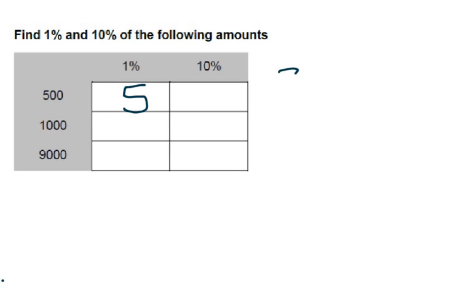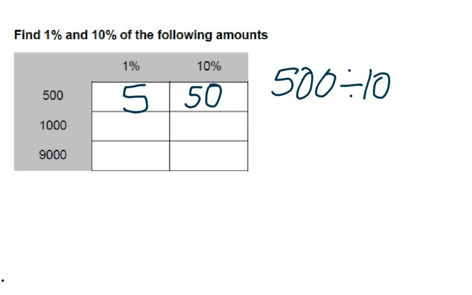So in that case, you're doing 500 divided by 10. Nice and easy. Have a go at filling in that half of the sheet, just the 1% and the 10%. Pause this video and have a go at doing that, and then come back to me for the next part. I'll see you in a second.